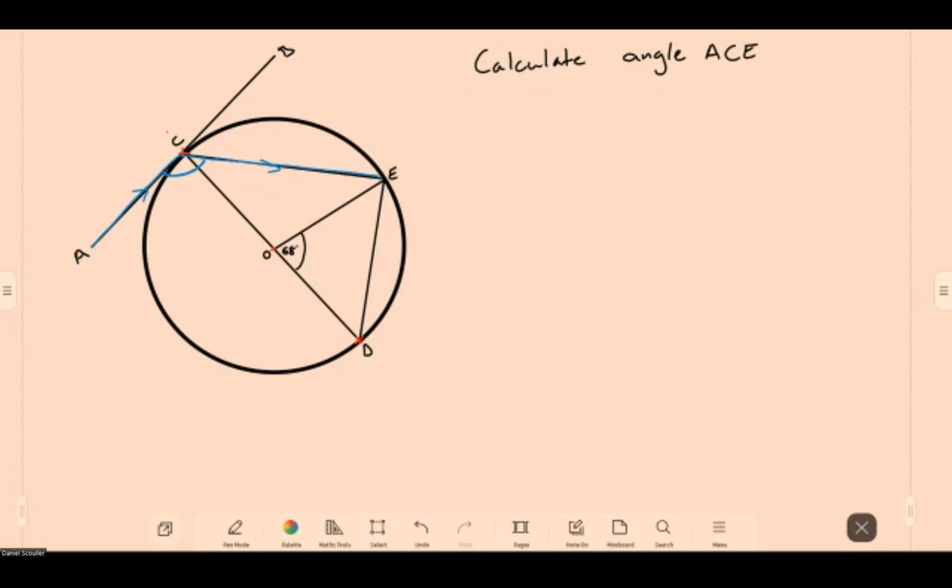The answer you'll leave in your answer paper will just be the final answer, but feel free to sketch on your exam paper. Let me take them away. So that's the angle we're after. So we've only got 68°. So we get given angle DOE.